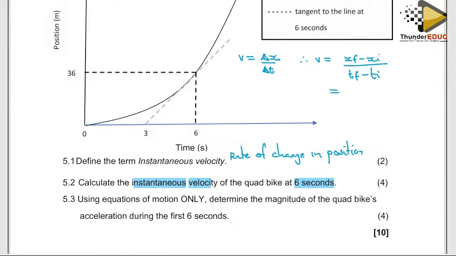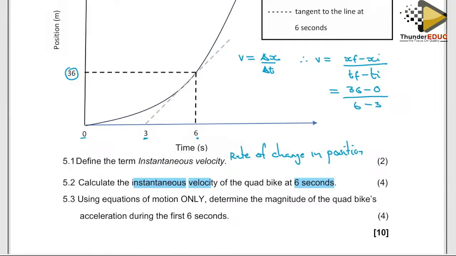So my x final, my position, was at 36, right? So 36 minus where I started from, which is 0, all over the time final, which was 6 there. The initial time, according to this graph for instantaneous velocity, is going to be 3 seconds.